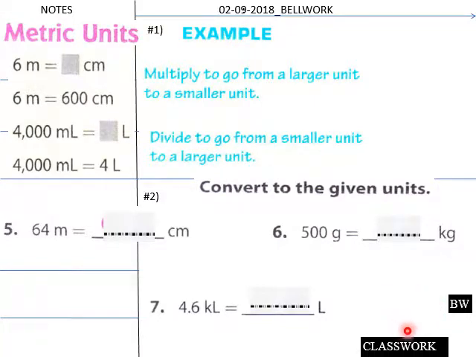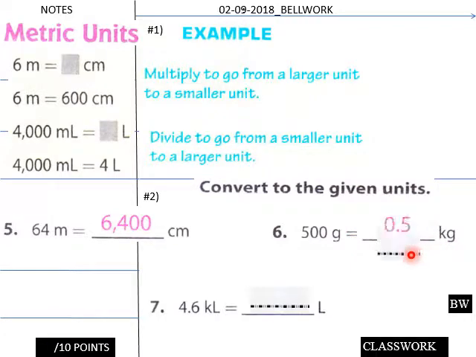Hello everybody, welcome back for your bell work solutions, students and teachers. Here are your solutions. For 64 meters, how many centimeters are there in 64 meters? There are 6,400 centimeters in 64 meters. And then grams, 500 grams. How many grams are there in a kilogram? 500 grams would be how many kilograms?